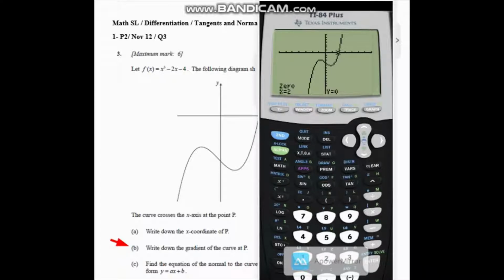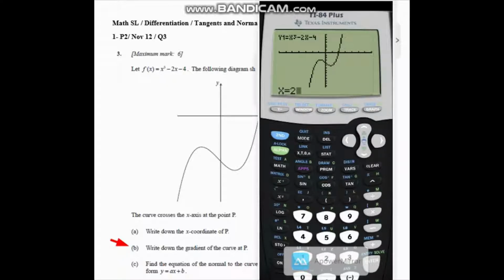So again, second, trace, find dy by dx, knowing that dy by dx is another term for f dash of x. And I shall plug 2 because I want the gradient when x equals 2, which is the value of x at point P. So I clicked on 2, hence the calculator shows me that it shall calculate the gradient at x equals 2.